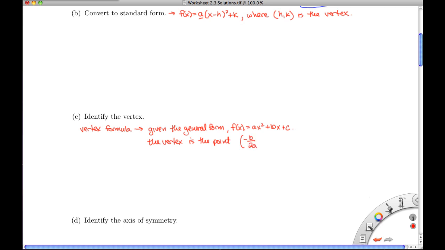So we take our a and our b, and we get the x coordinate of the vertex. And then to get the y coordinate, we're just going to take the function and evaluate it at that x coordinate, minus b over 2a.